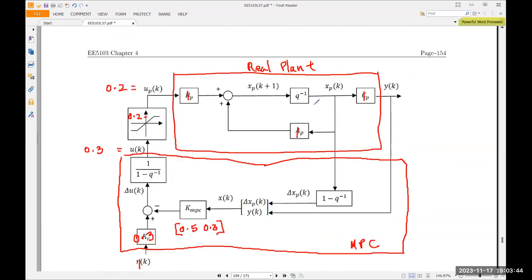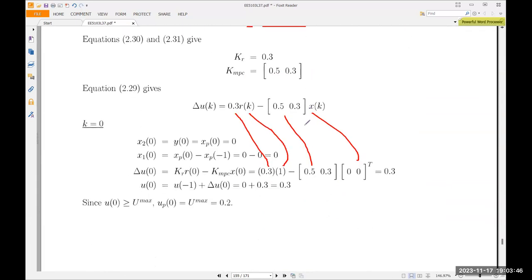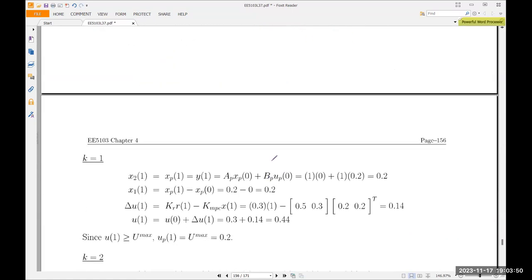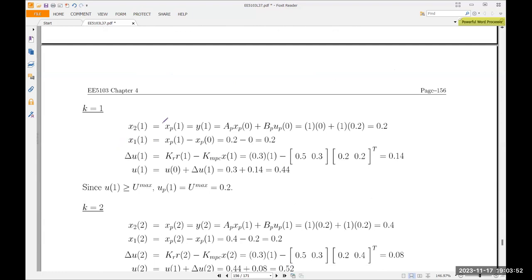All right, so we'll do that. So your XP, this one is 0.2, UP is 0.2.